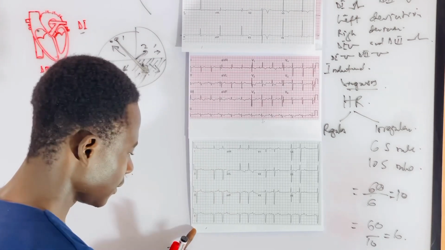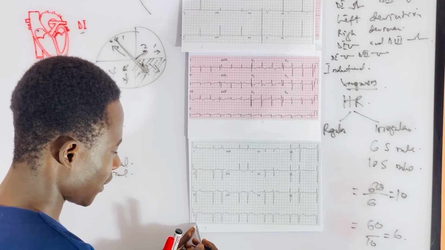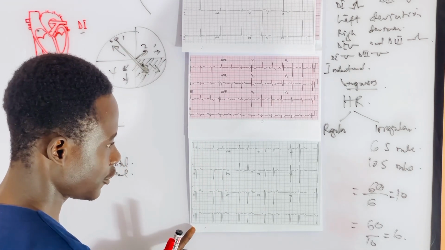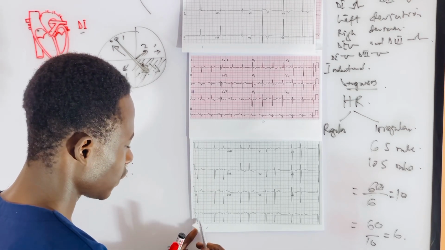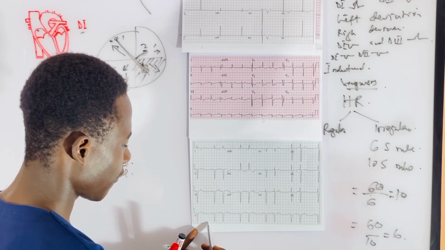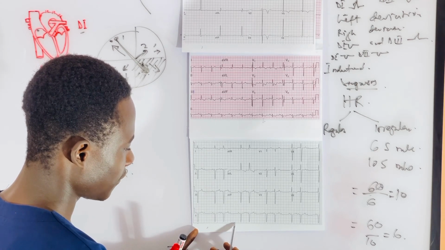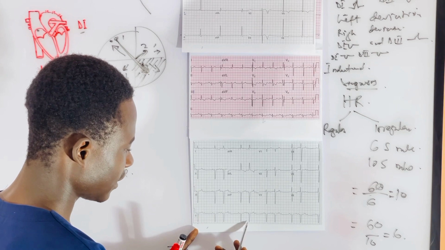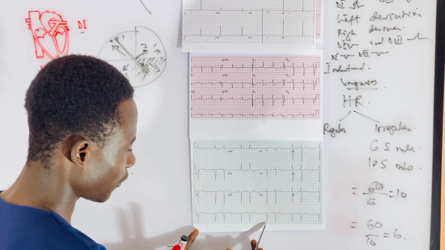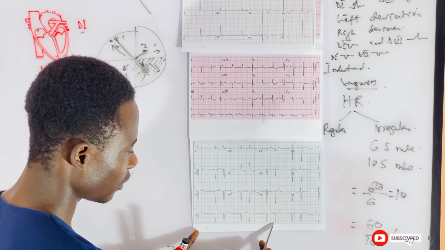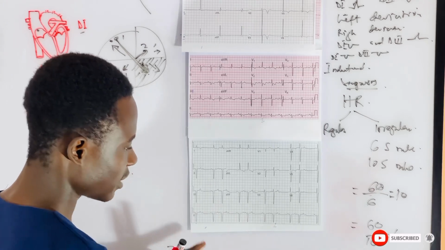Now, when you take an irregular rhythm, let's start from here. 6 seconds rule: we want 30 big boxes. So we count 1, 2, 3, up to 30. So here is our 30 point.